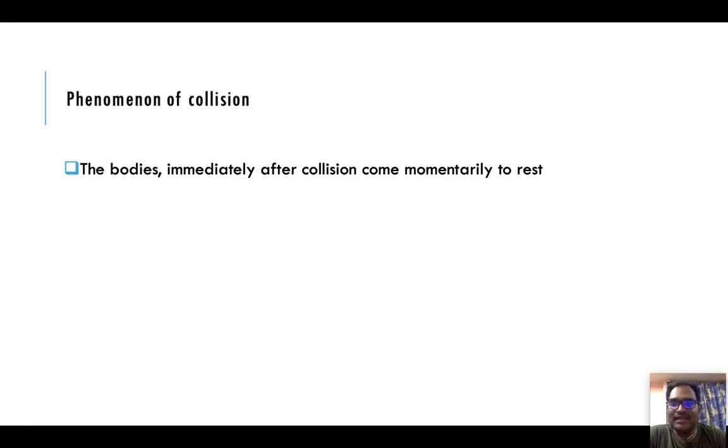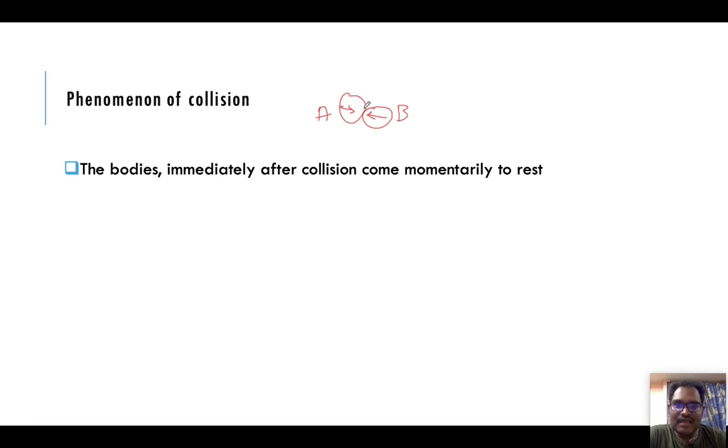Under that category, the first assumption is that the bodies immediately after collision come momentarily to rest. Let me say that you have two bodies. A is colliding with B. A is moving in this direction, B is moving in this direction. It collides.